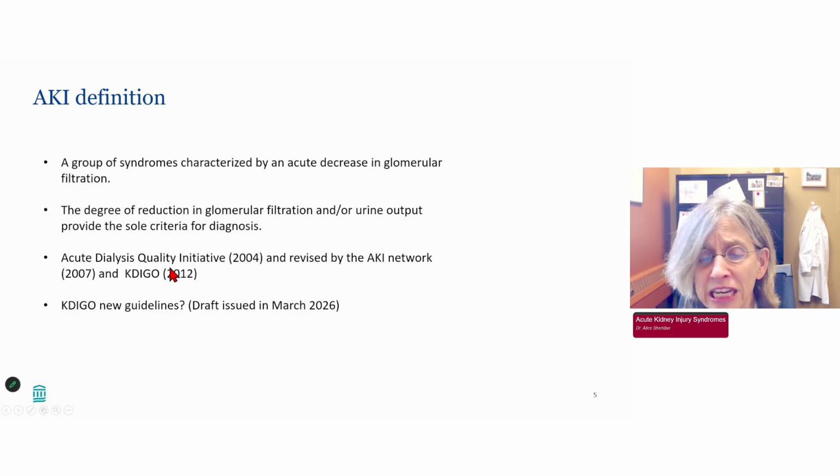There is a new KDIGO guideline draft that was issued in March. I stress this is a draft that was sent out to the community for review, so it is not set in stone. Many of you have likely seen it and perhaps reviewed it. Clearly, this attempts to address the limitations that were so well defined by Dr. Bonventre in the prior talk.